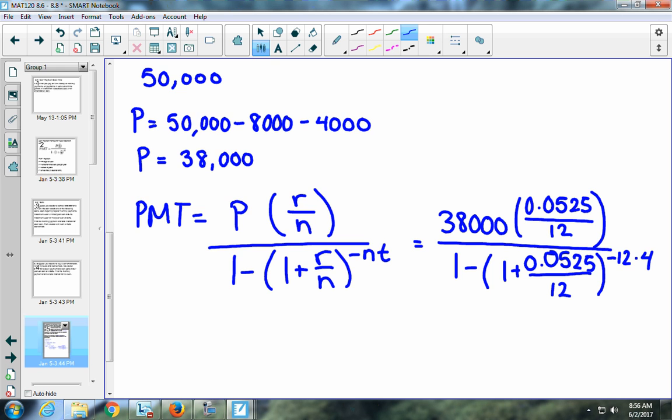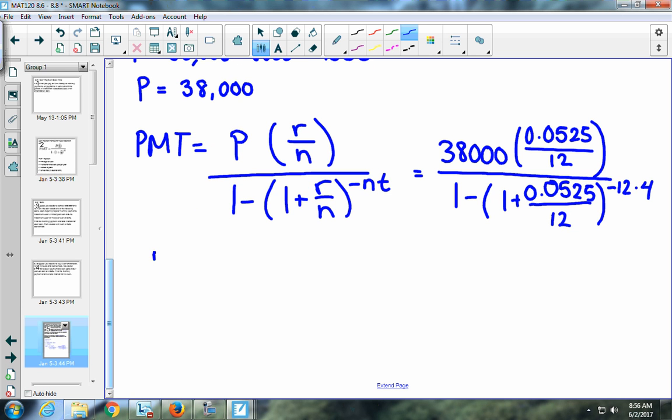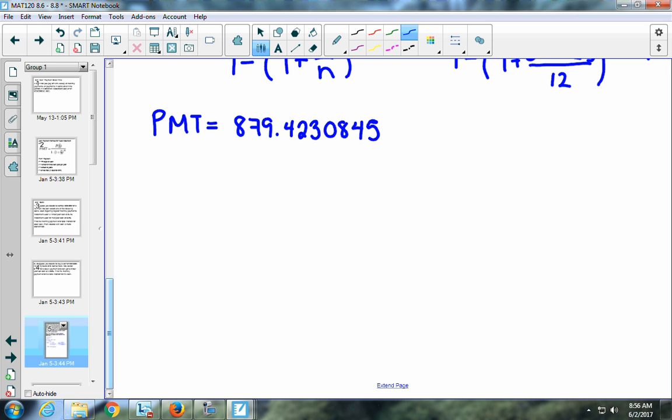When you plug that in the calculator, we all get 879.4230845. Remember, we always need to round these to dollars and cents. 2 is in the hundredths place. 3 tells me to round down.